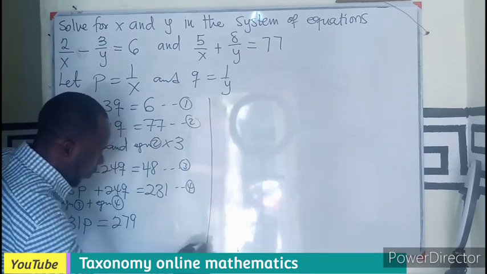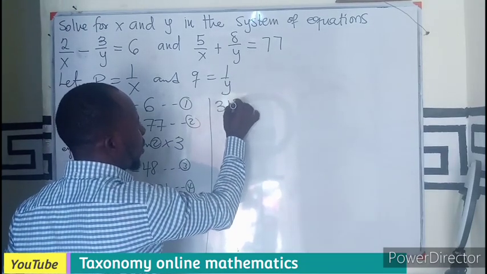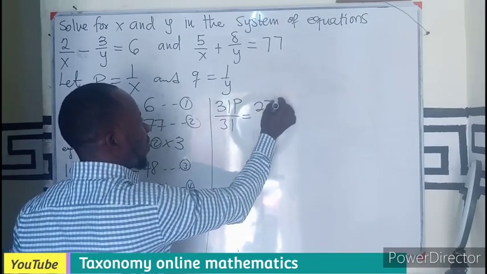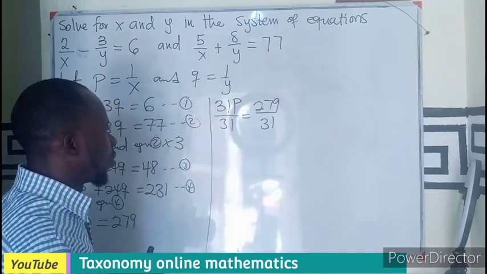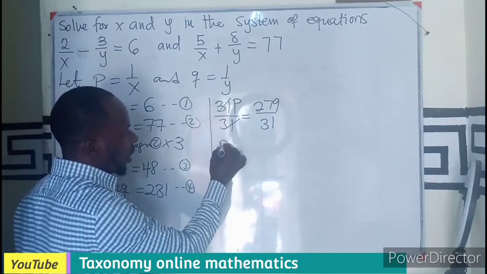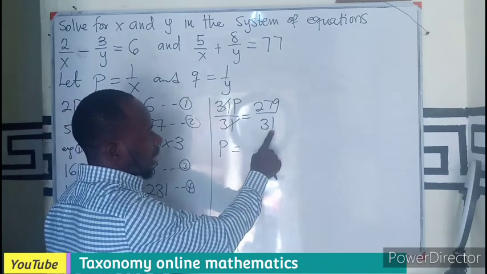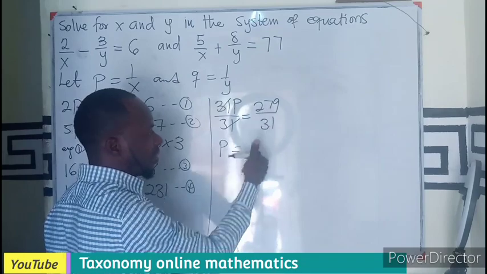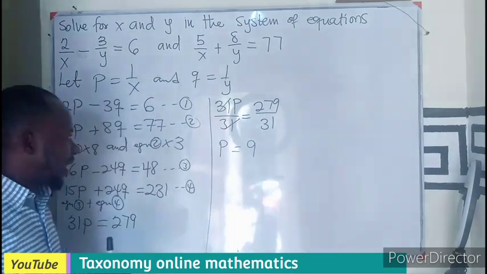So 31p over 31 equals 279 over 31. In this case, we need to cancel out. 9 times 1 gives 9, 9 times 3 gives 27, so p will be 9. 31 will go there 9 times.